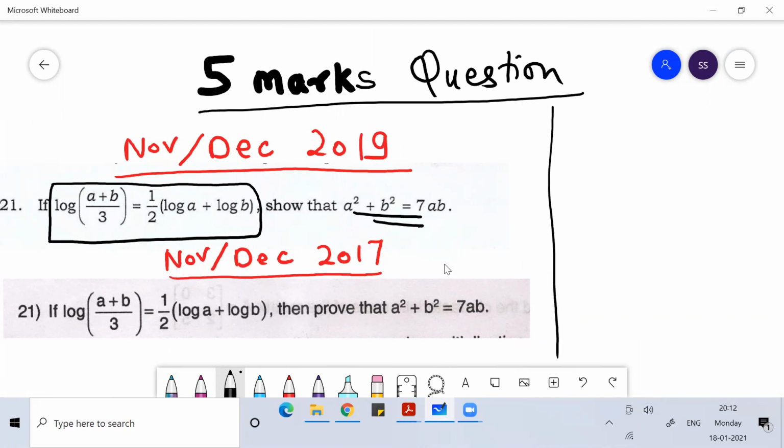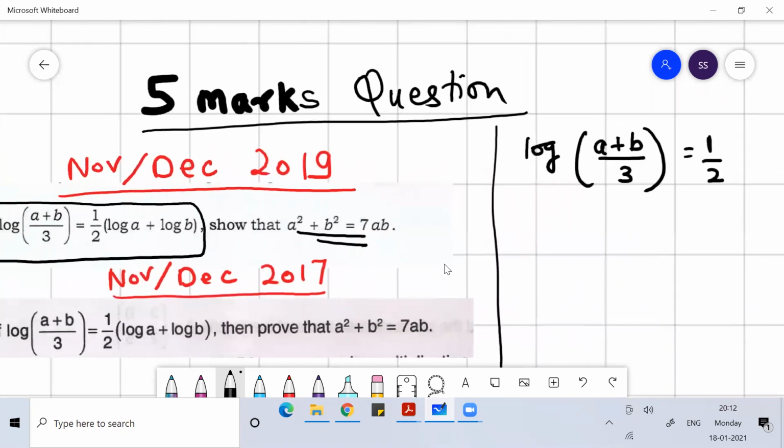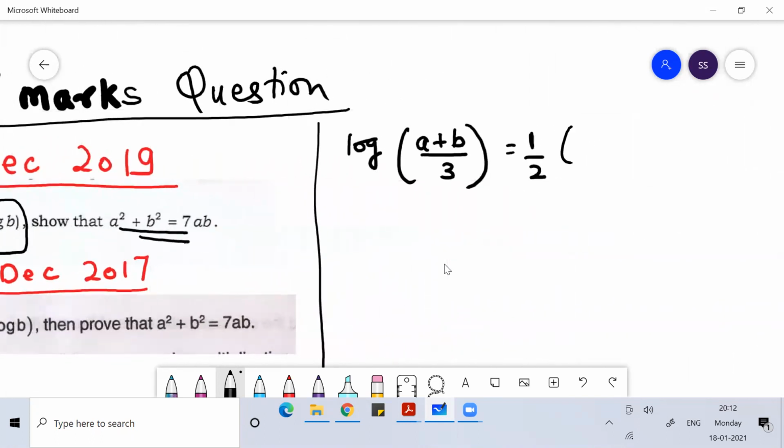So log of (a plus b) by 3 is equal to half of (log a plus log b).